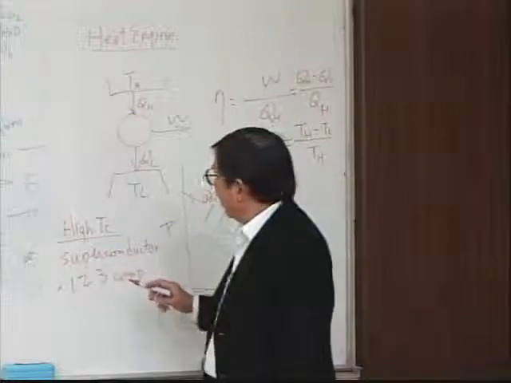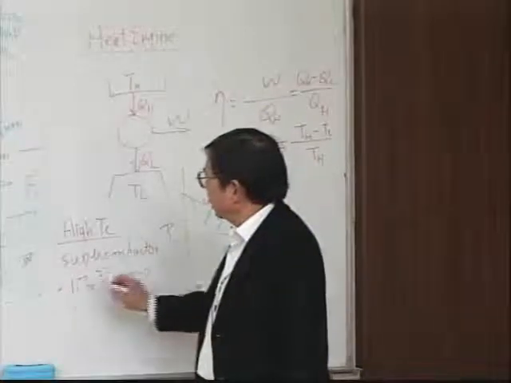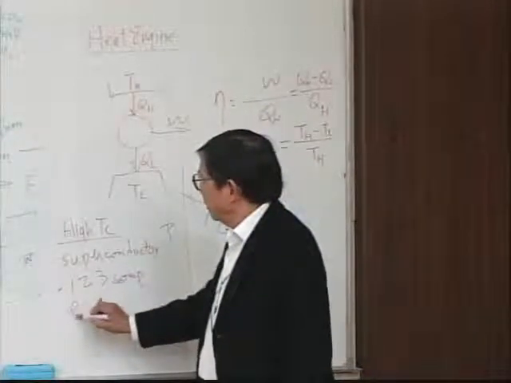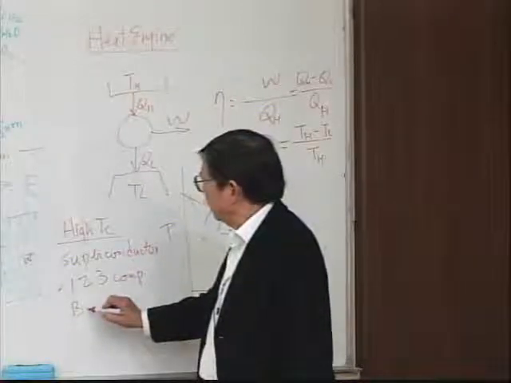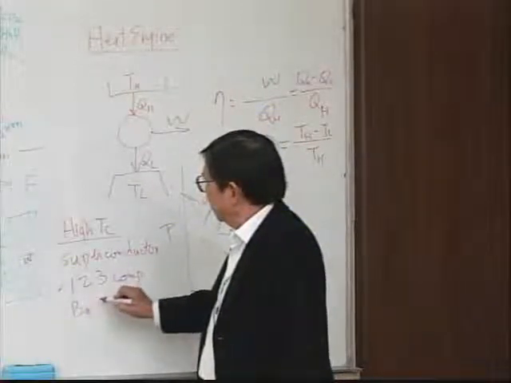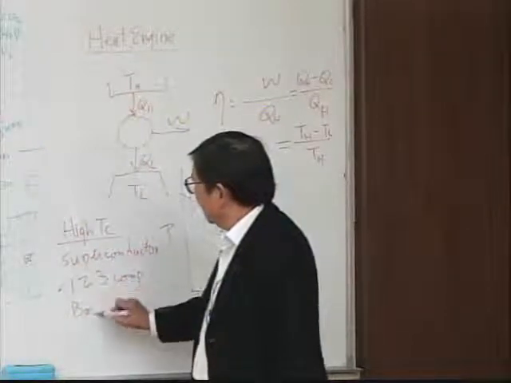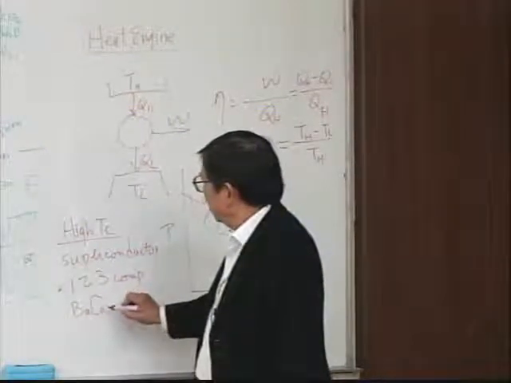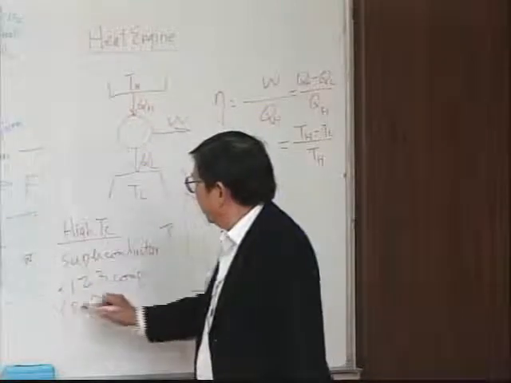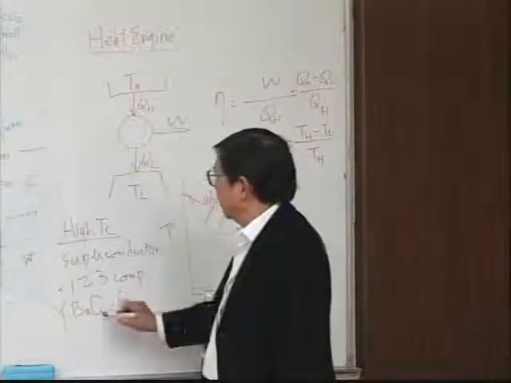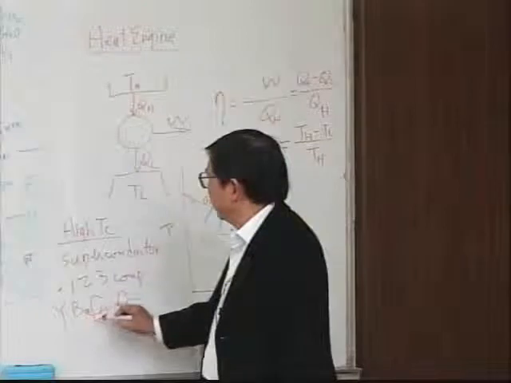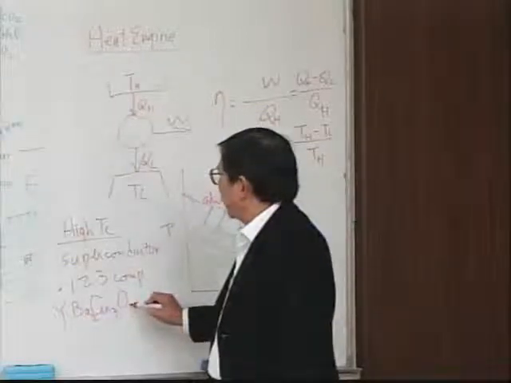The reason it is called 123 is yttrium, barium, copper oxide. Yttrium 1, barium 2, copper 3, oxide.